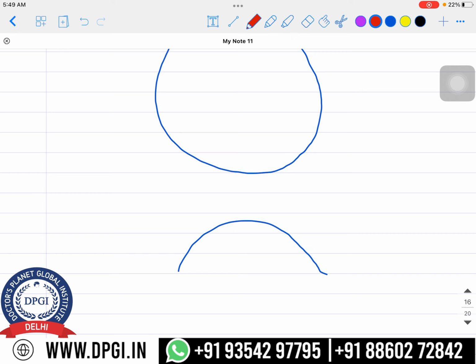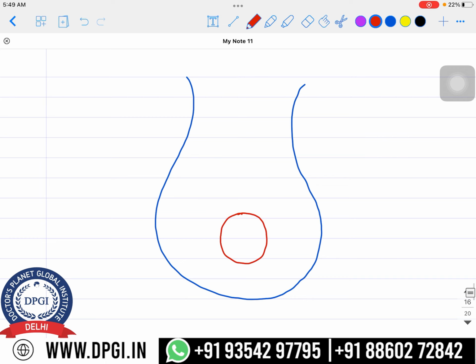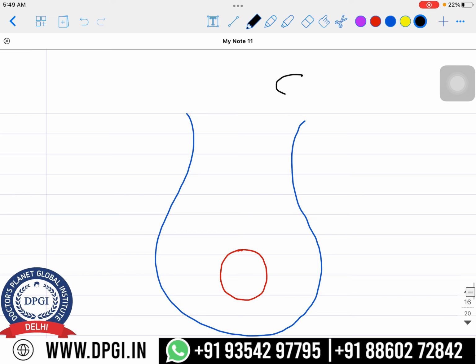We had the presynaptic vesicle, if you remember. Now I'm going into a bit more detail. Can you name this particular structure which I'm drawing right now? I'm sure you might have heard about it, you might have seen it.